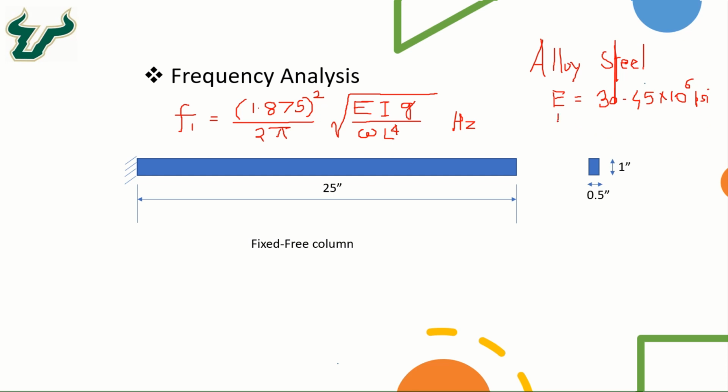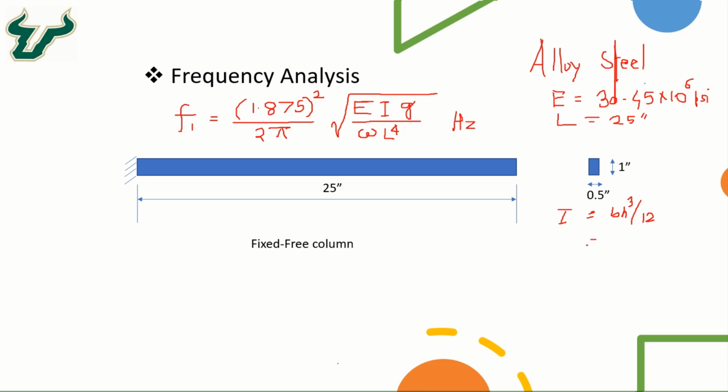The length is given as 25 inches. The area moment of inertia, I equals bh cubed over 12, and depending on what values for b and h you take, the natural frequencies will be different.